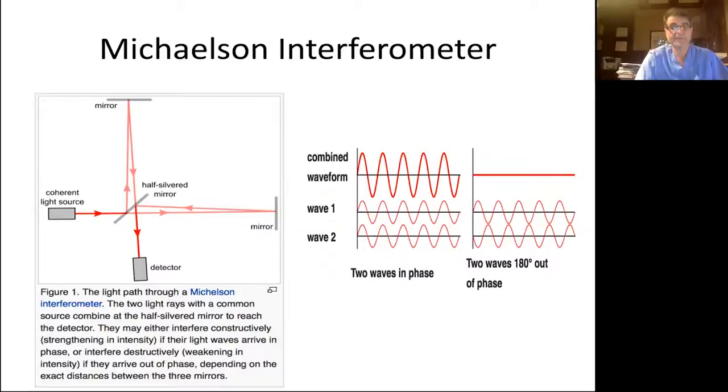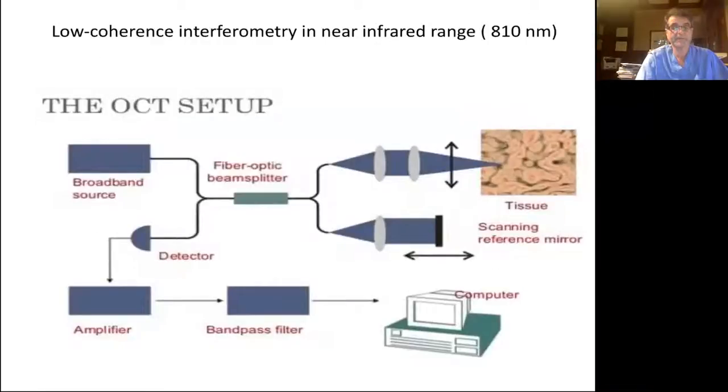And the distance will result in either a combined waveform that's additive or one where they nullify each other. And this provides a basic signal through which OCT pictures can be formed.